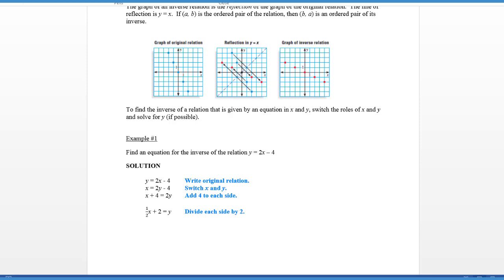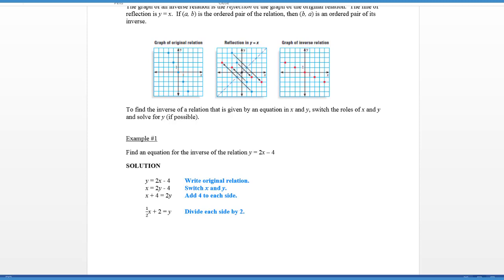This is often called the switch and solve method. We switch the x and y in the first step, then solve everything back to y, so we've reversed the input and output values. We get y = 1/2 x + 2, which should be the inverse function of the original.